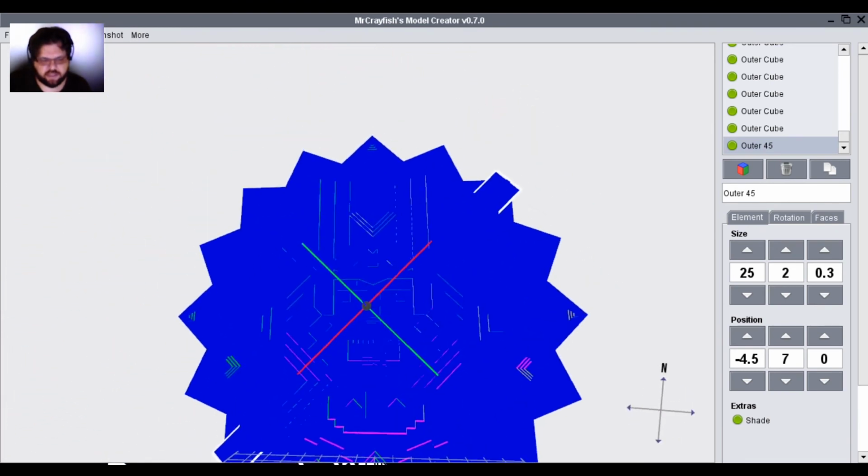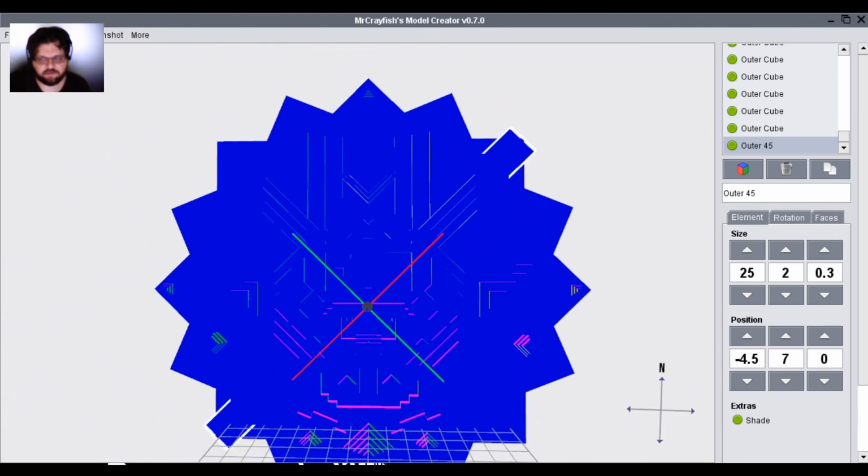Interesting, interesting. That might help with the circle image.